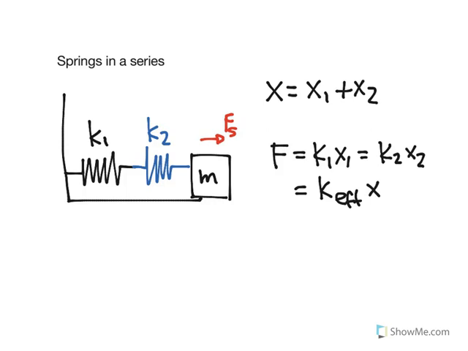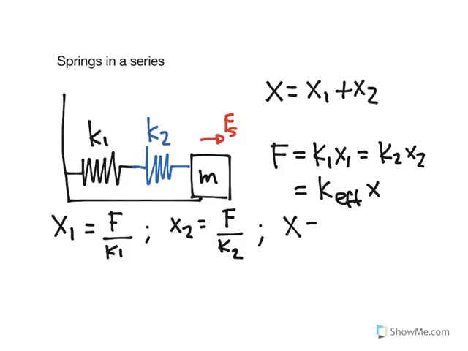And if I state that x1, the deflection for the first spring, is equal to the force over k1, but also x2 equals the force, which is the force I am inputting, because I am only inputting one force, over k2, then if I plug these two expressions into the first term, I may also state that the total x equals the force over the effective k.